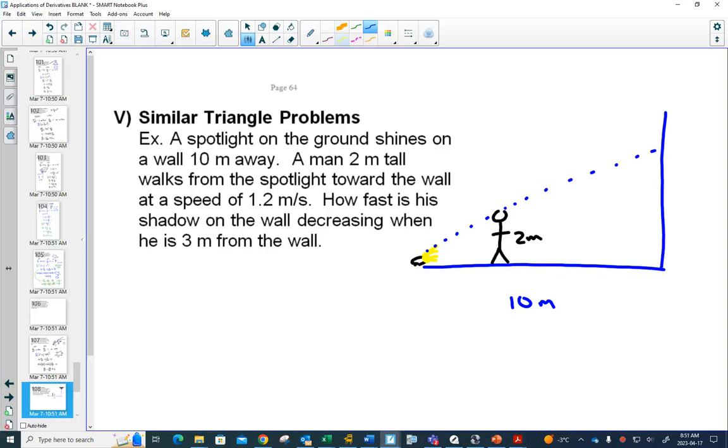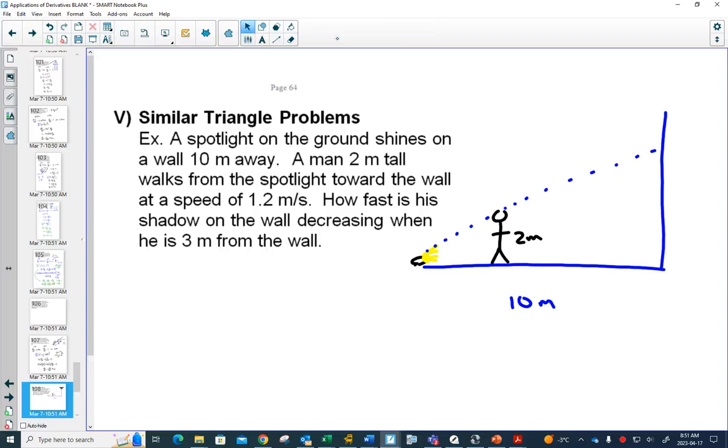Now we have to determine which rates of change they have given us. They tell us that the man walks from the spotlight towards the wall at a speed of 1.2 meters per second. This is the first tricky part to these questions: determining where you're going to put variables and what you're going to call them, because you could put variables in different places here.